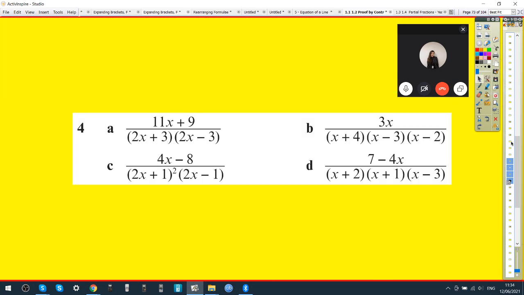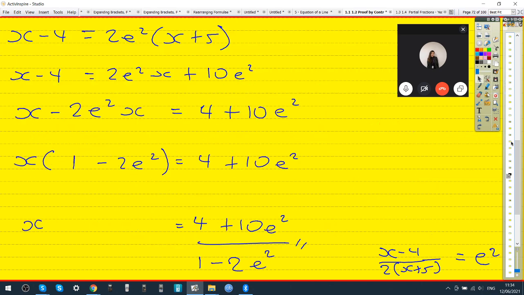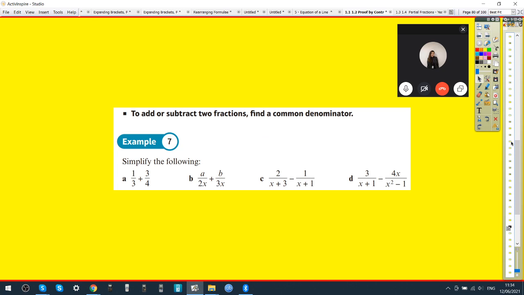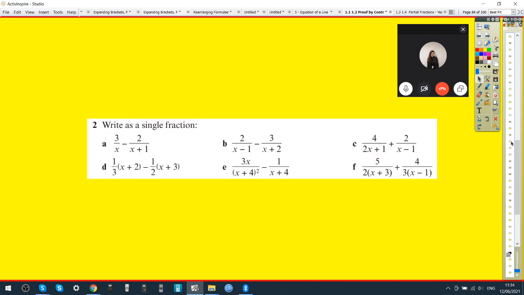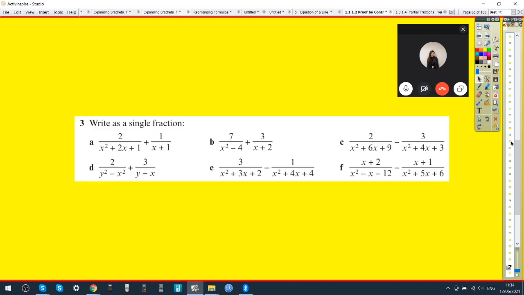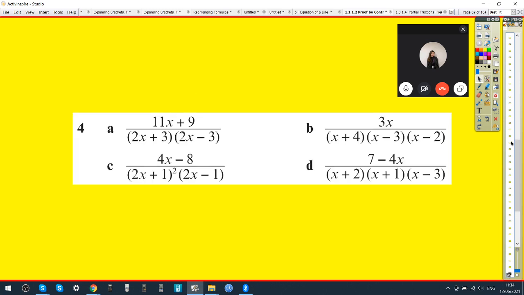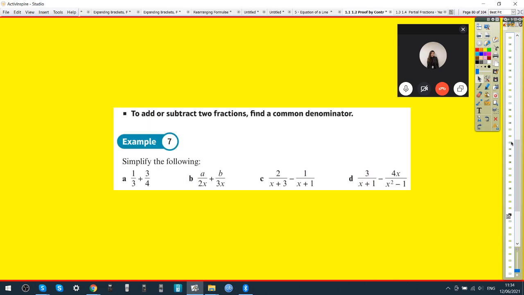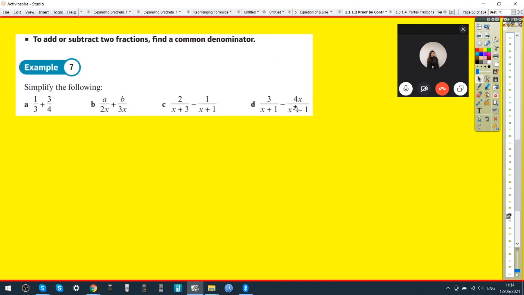How do we add fractions? You have to have the two denominators the same. Yep, we need a common denominator. Let's do all 4.